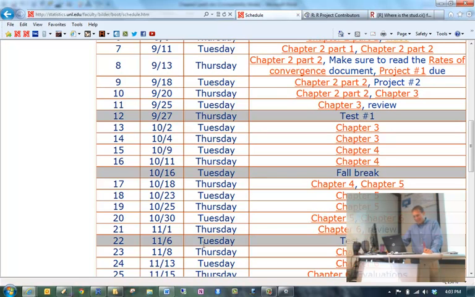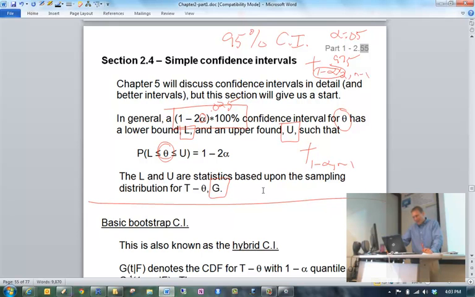Okay. No, that's fine. So we were talking about confidence intervals. We just started talking about confidence intervals last time. A 1 minus 2 times alpha times 100% confidence interval for theta is found from examining this corresponding probability. The probability that the lower bound is less than theta, which is less than the upper bound, is equal to 1 minus 2 times alpha.